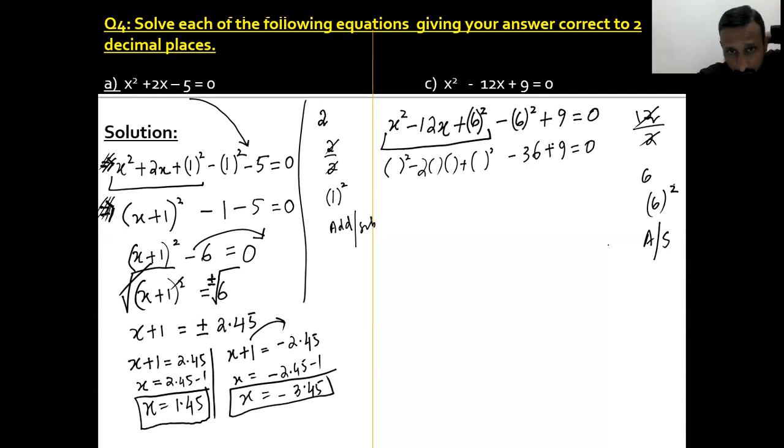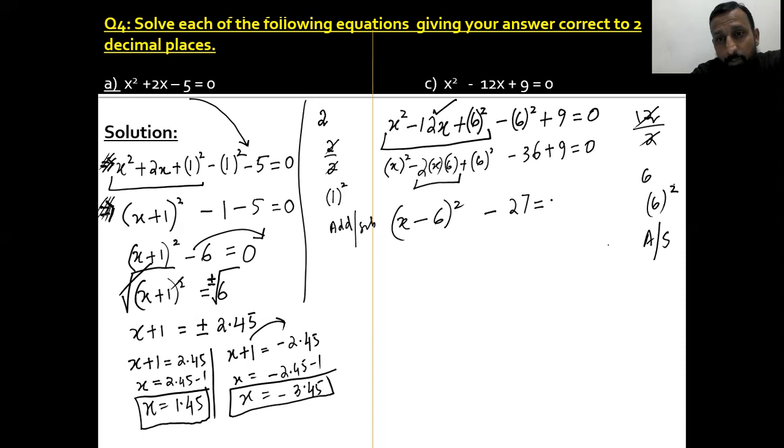And over here, it's x and 6. Now you can check this: 2 multiplied by x multiplied by 6 makes negative 12x. So you have x minus 6 the whole square, and minus 36 plus 9 is negative 27 equal to 0.